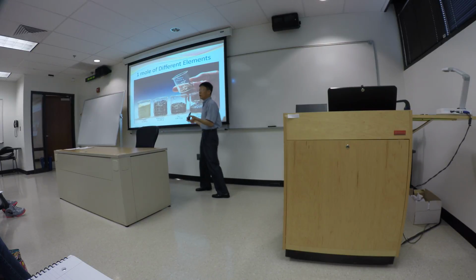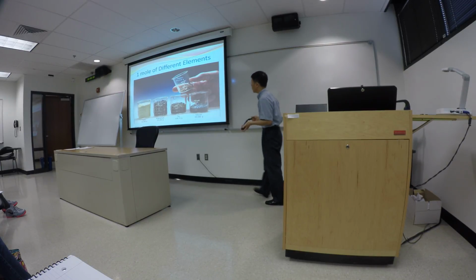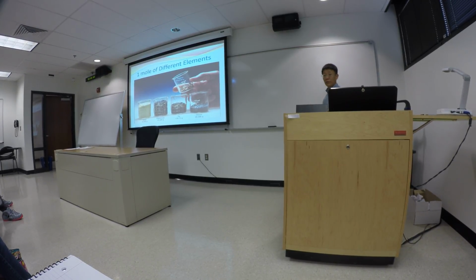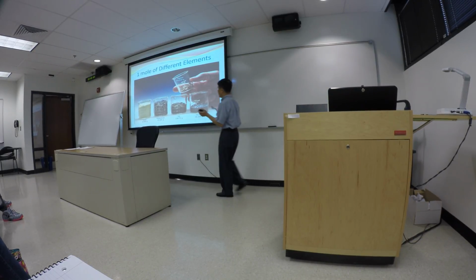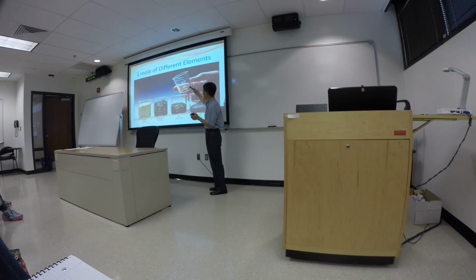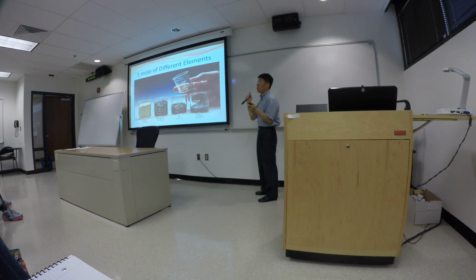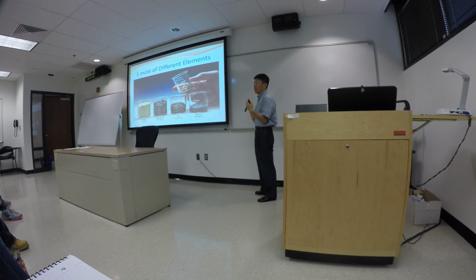For sulfur, 32 grams; magnesium, 24; tin, 118; silicon, 28.08; and copper, 63.5. That's what the number means in the periodic table. The number represents the relative mass for each single atom of that element, and also the mass in grams for each mole of those elements.